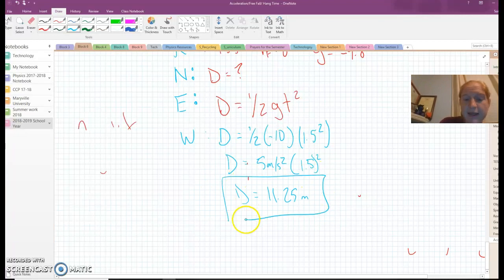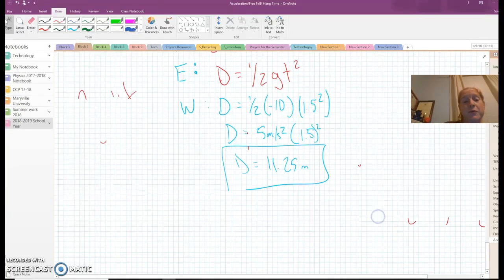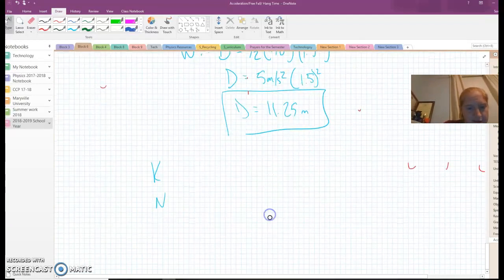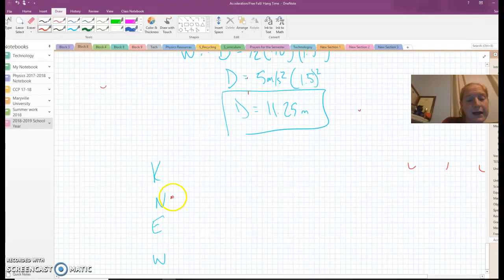There's my distance. Now, here's where people really get messed up. What if this time I'm now going to ask you for the velocity initial? So now VF is still 0 meters per second.